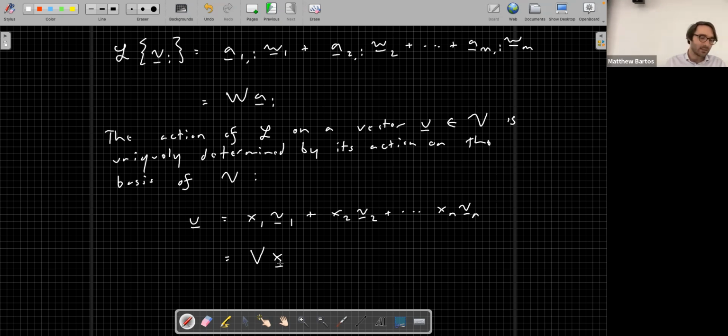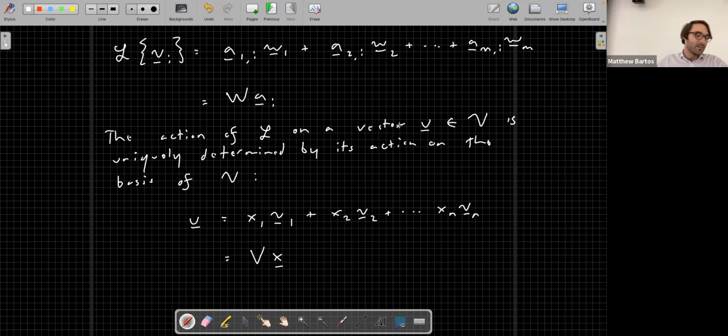So basically, any vector in our domain is represented as a linear combination of the elements of our basis of our domain. Therefore, if we apply our linear operator to any element in our domain, it's equivalent to applying that linear operator to the scaled elements of our basis.